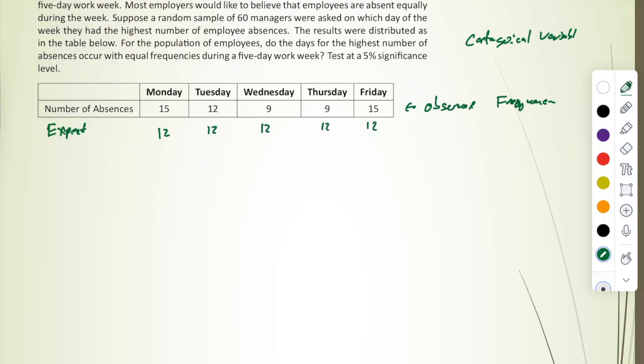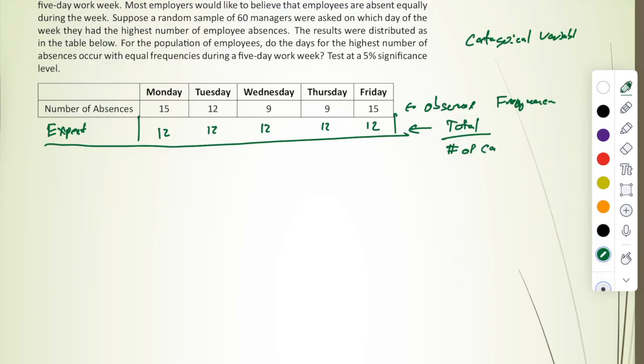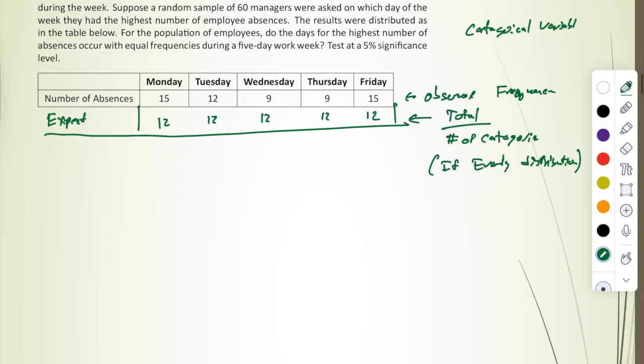So our expected is 12 each day. Any one of those is the total divided by the number of categories. That's if it is evenly distributed, which is our assumption. Okay, great. So we've got the expected.